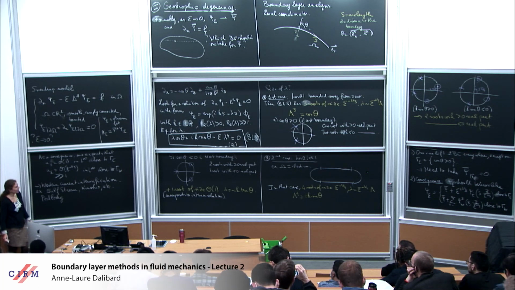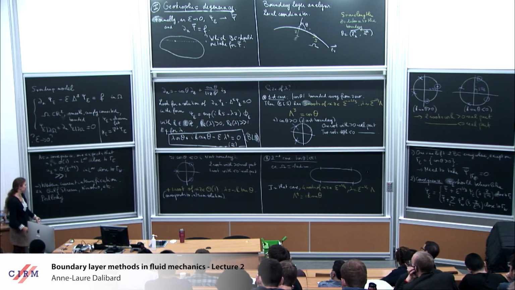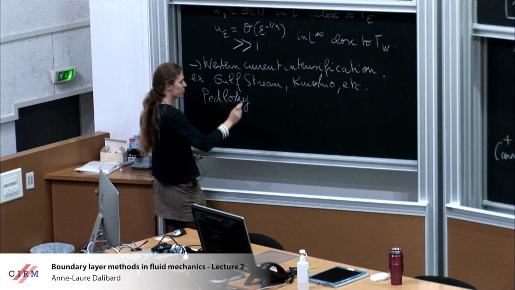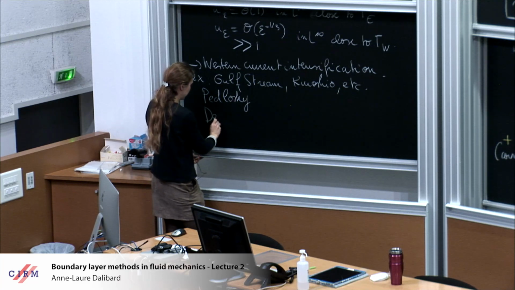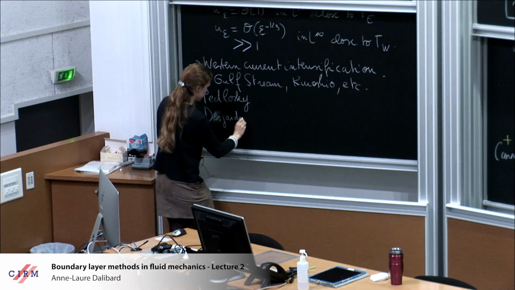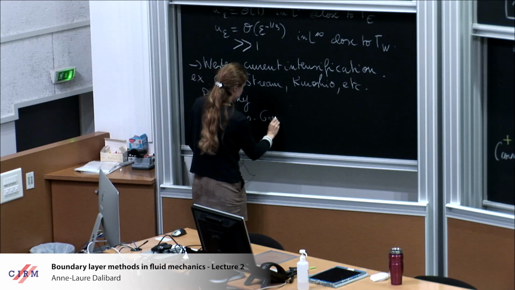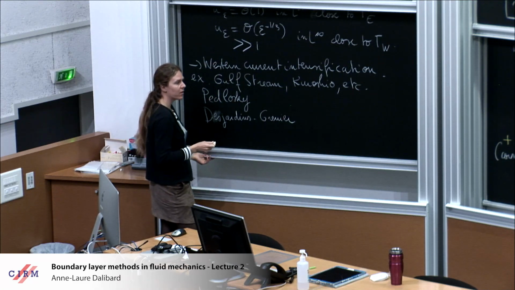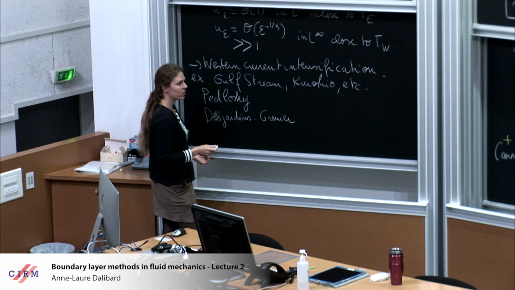And then for the mathematical analysis, this is done in a paper by Desjardins and Grenier, at the linear level, and then it has been extended to a number of situations.